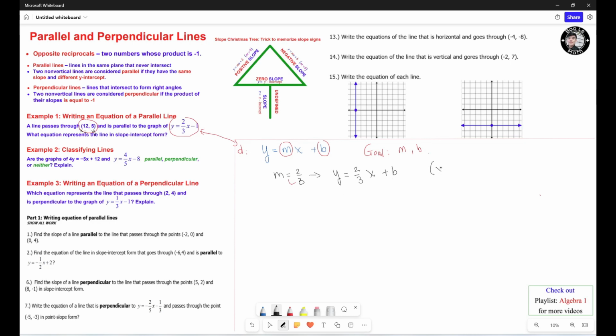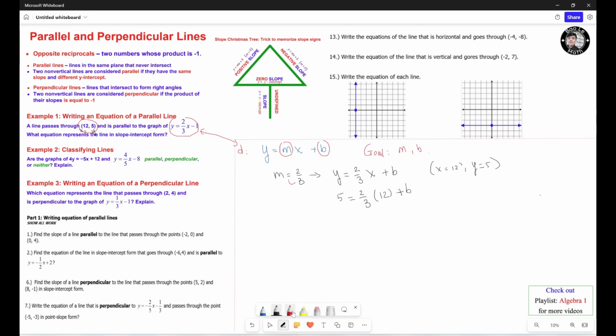So I plug it in over here. I have 5 equals 2/3 times 12 plus b.